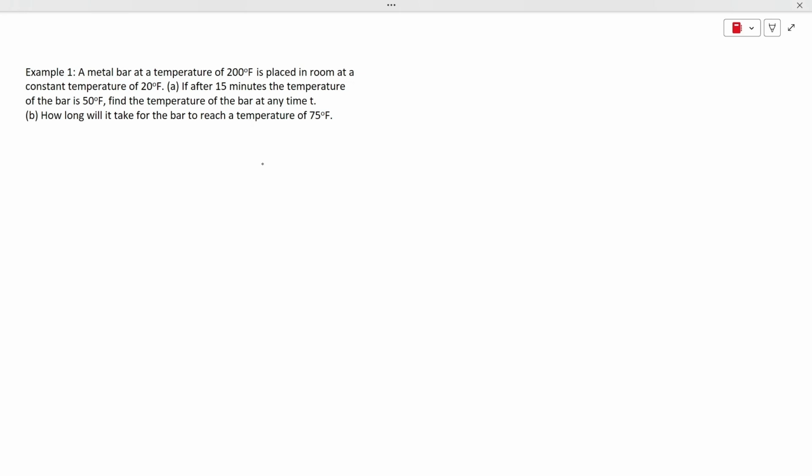In this case, let's start by analyzing the given. It is stated that the initial temperature of the bar is 200 degrees Fahrenheit, so we can say that this will be T sub 0, the initial temperature.